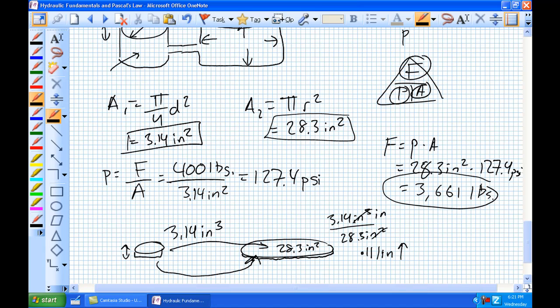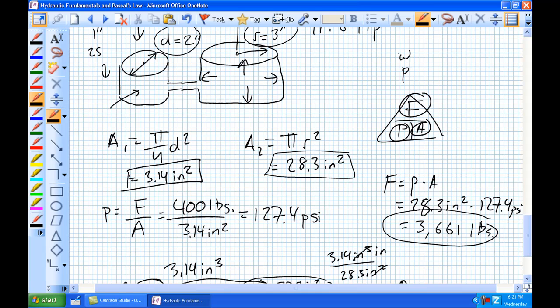Okay, so let's refer ourselves back to what we originally asked. What is our energy or work accomplished by this system? Well, we lifted with a force of 3,661 pounds a distance of 0.11 inches.